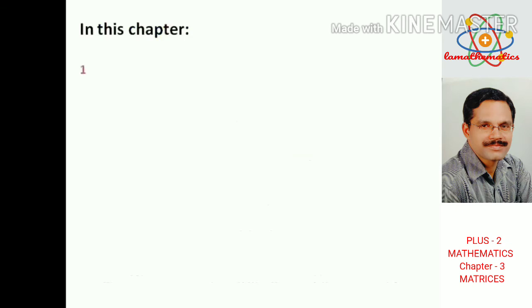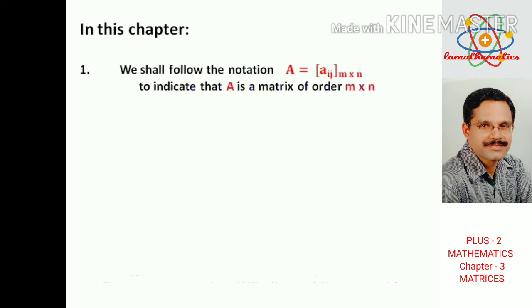Here in this chapter, we shall follow the notation capital A equal to matrix Aij, m by n, to indicate that A is a matrix of order m by n.